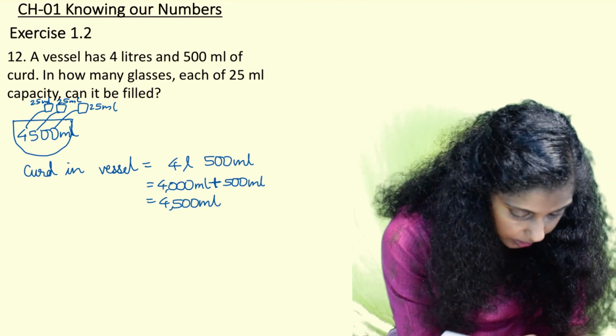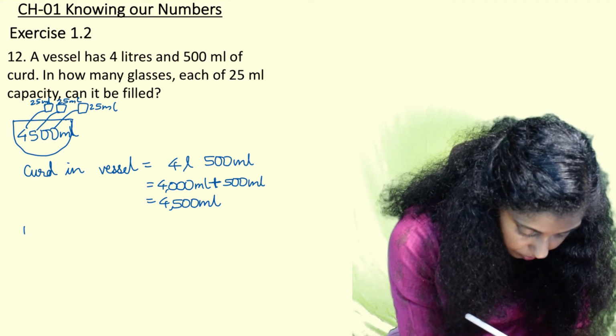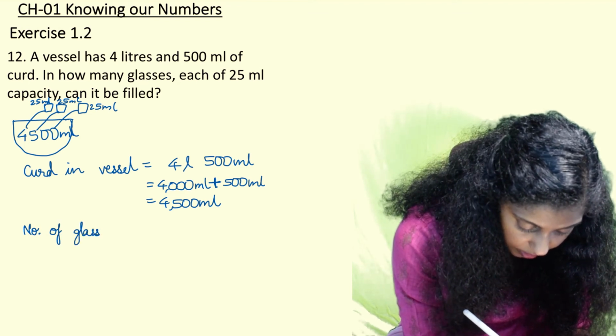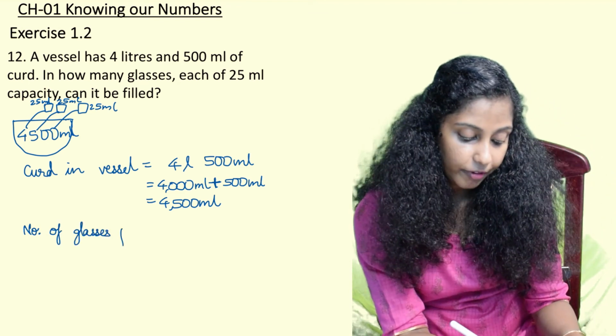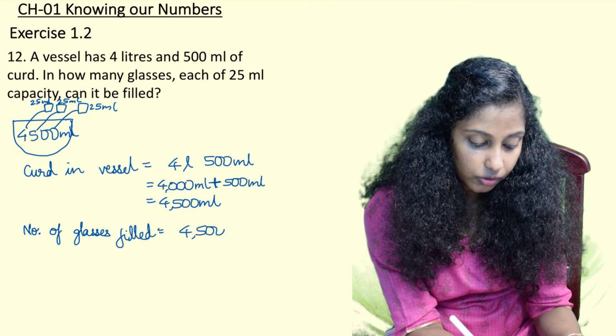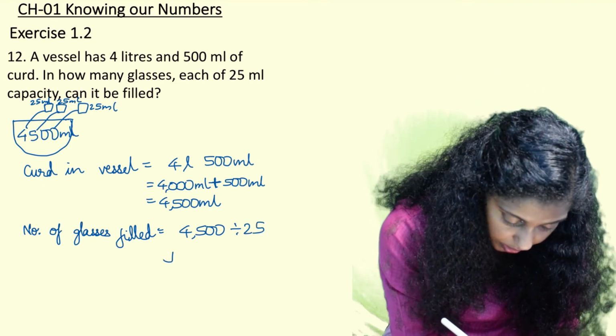So now they are asking how many glasses. Number of glasses filled. We have to find out how many glasses will be filled, equal to 4500 divided by 25. So let us do the division.